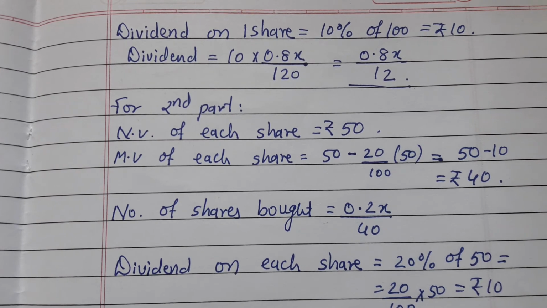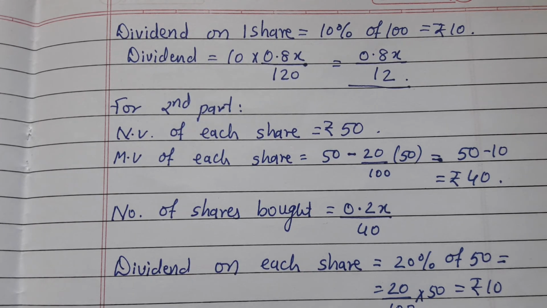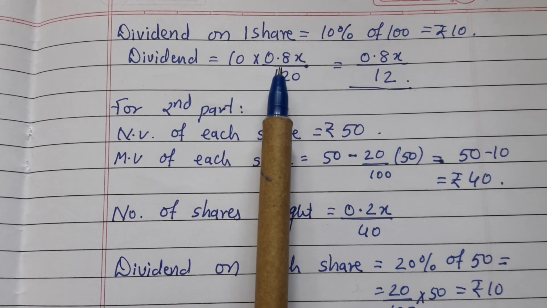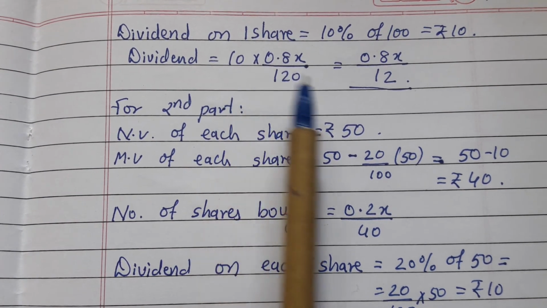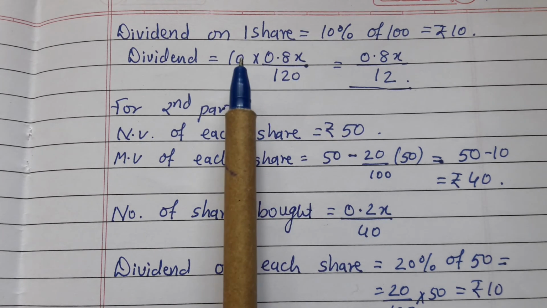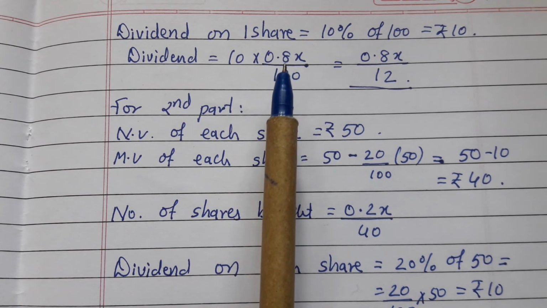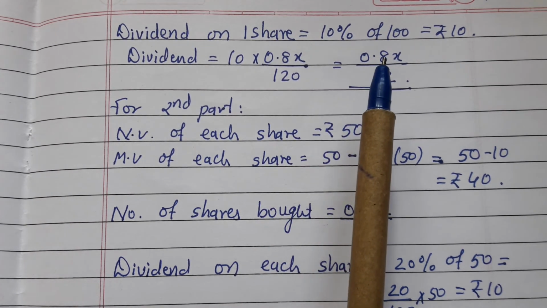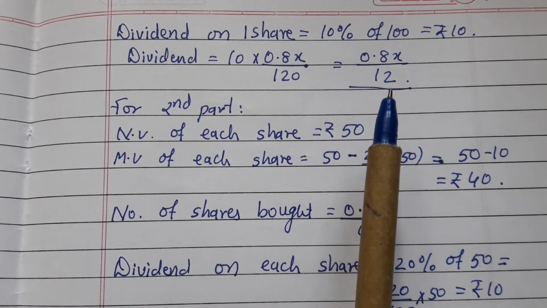Dividend on one share, 10% of 100, that is rupees 10. Therefore, dividend is equal to 10 into number of shares. That is equal to 10 into 0.8x upon 120 equal to 0.8x upon 12.